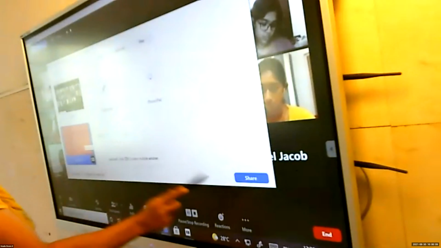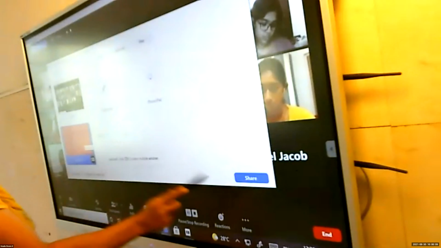Write the next one. If xy is equal to c square, find dy by dx. How to do this?